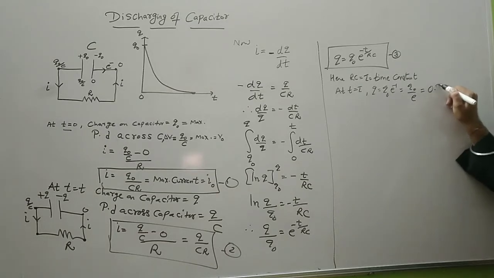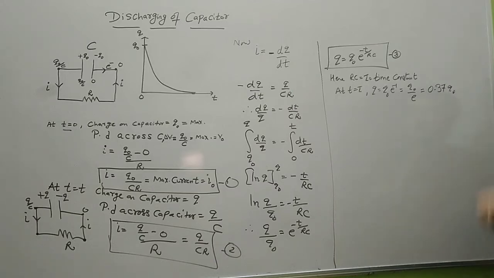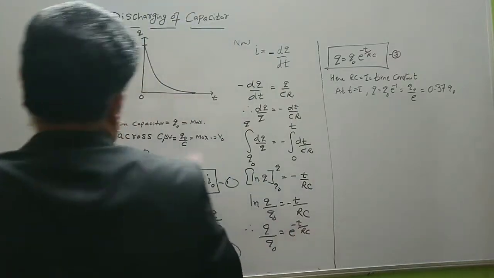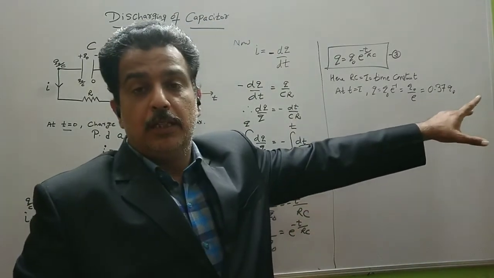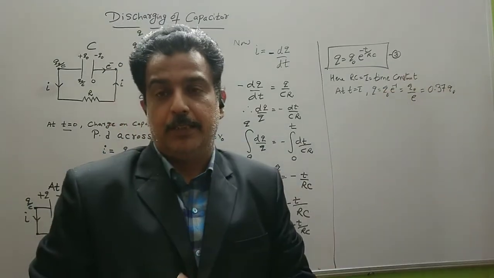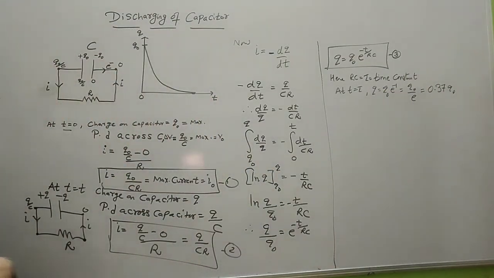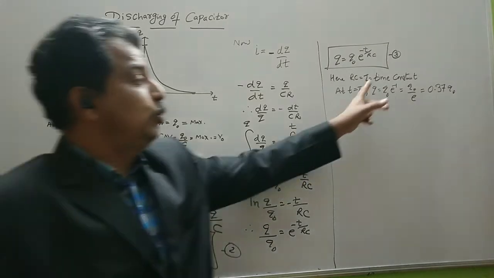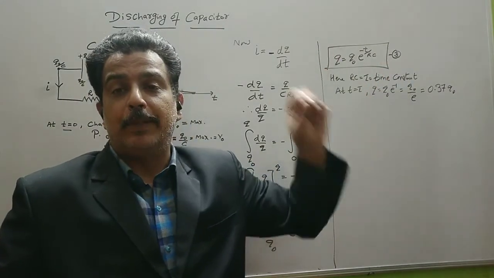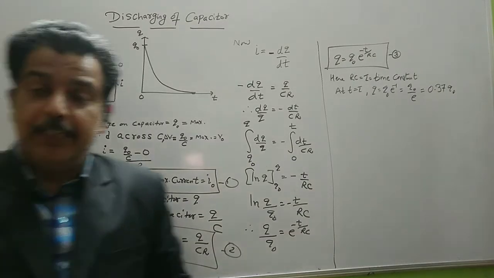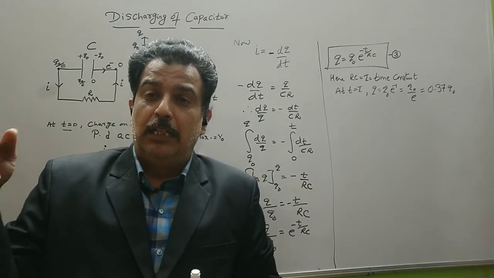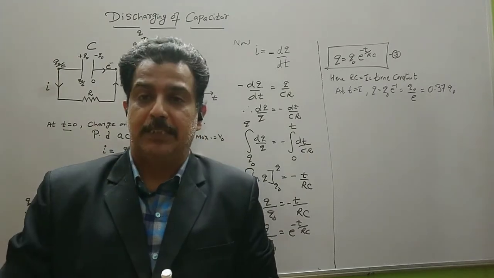This value comes out to be 0.37 q naught. So at time tau, the capacitor discharging becomes 37%. So in a time interval equal to the time constant, the capacitor discharged by 37%, and in the same time interval it was charged by 63%.